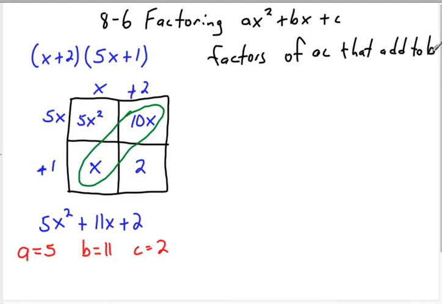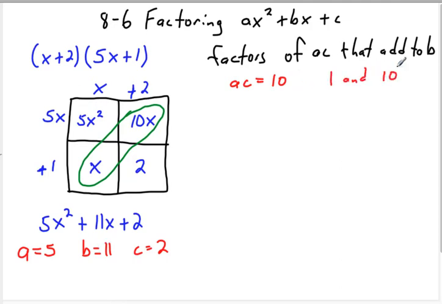So it's almost the same. Before we were finding factors of c that add to b. Now it's factors of ac. So ac in this case is equal to 10. And so the factors are going to be, well, you could have 1 and 10, 2 and 5. 1 and 10 works. So 1 and 10.